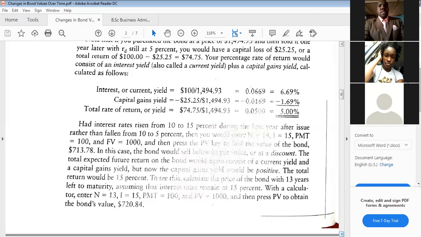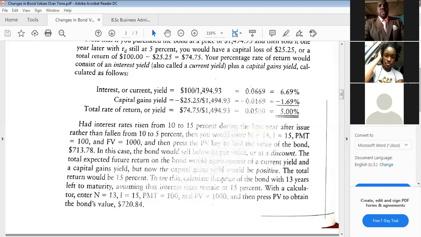To see this, calculate the price of the bond with 13 years left to maturity, assuming that the interest rates remain at 15%. With a calculator, enter N equal 13, I equal 15, PMT equal 100, and FV equal 1,000, and press PV to obtain the bond value of 720.84.